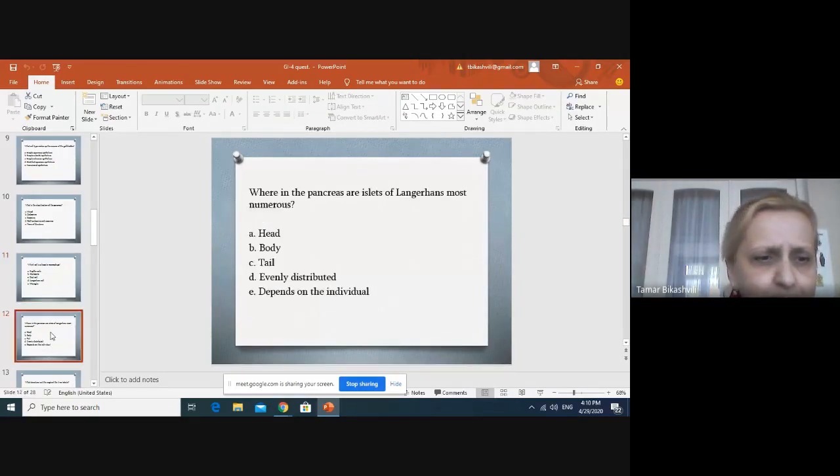And the next question: where in the pancreas are islets of Langerhans most numerous? In head, body, tail, depends on the individual.